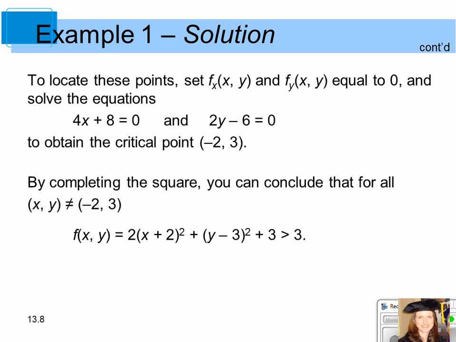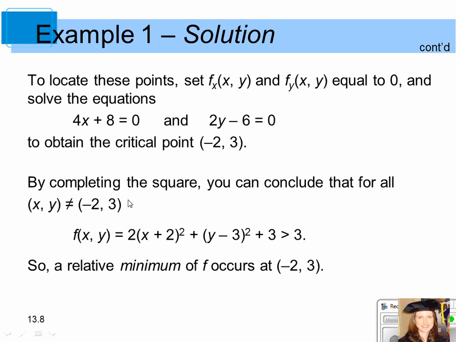To determine which one it is, either a maximum or minimum, you can rewrite the original function by completing the square. And you'll see that this is an elliptic paraboloid.